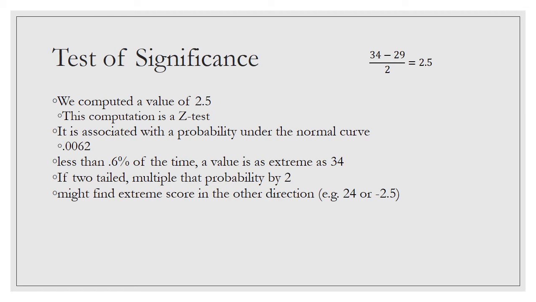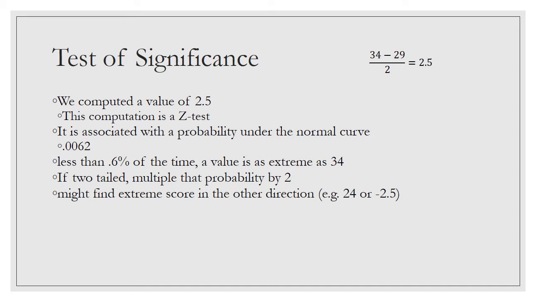If this were a two-tailed test, we would simply have to multiply that value by 2, as we might also find extreme scores in the other direction. So you could imagine you find a test value of 24. 24 minus 29 would be a value of negative 5.